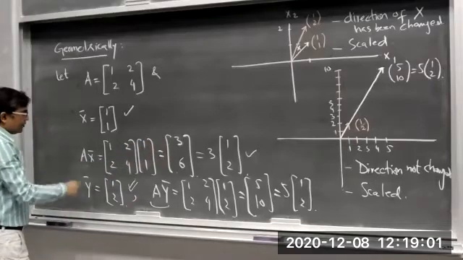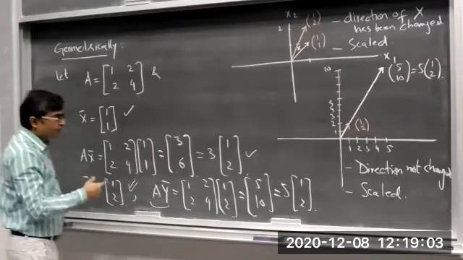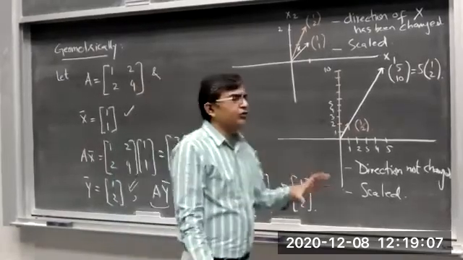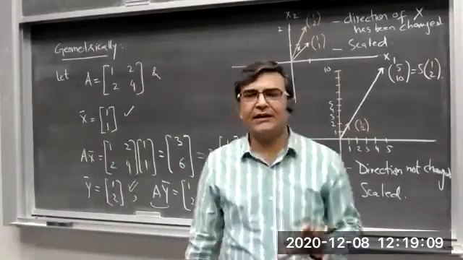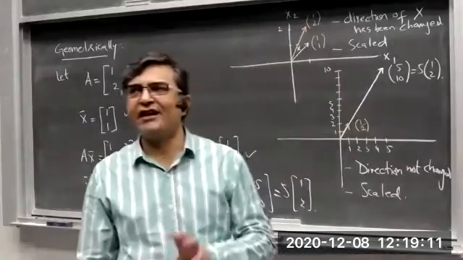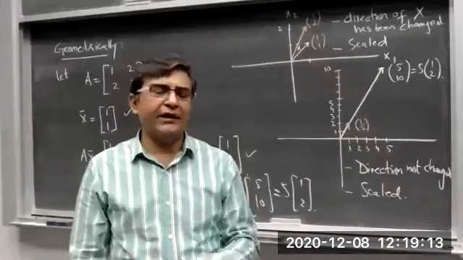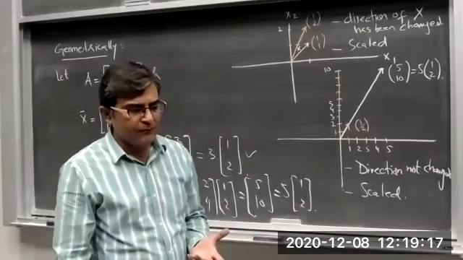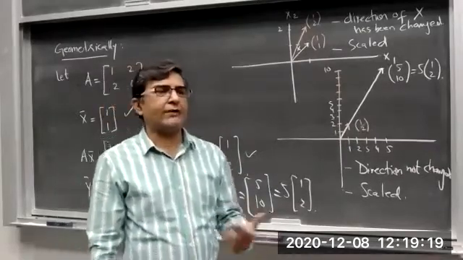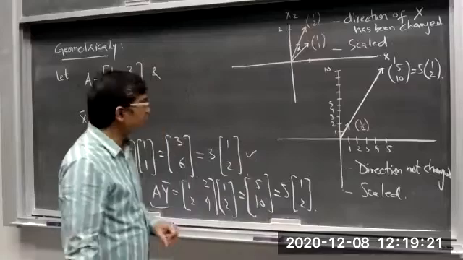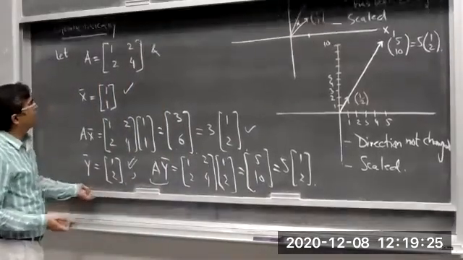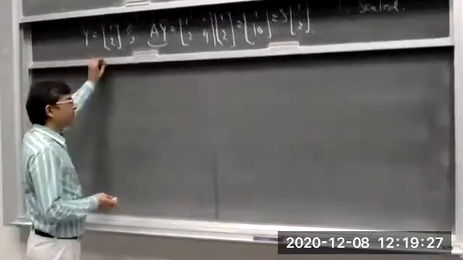So we say that all these vectors whose direction has not been changed except for the negative sign, and which are only scaled, these kinds of vectors in some space are called eigenvectors. I hope you get it. If you have any questions, you can ask.